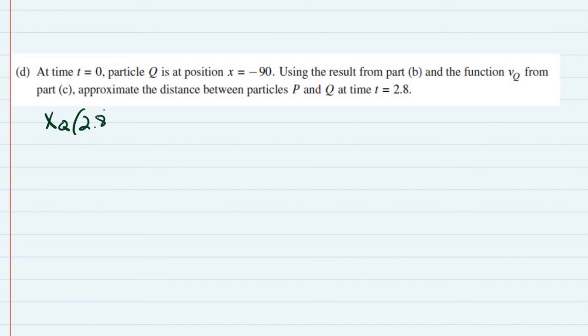So in other words, the position at time equals 2.8 hours would be whatever its initial value was at t equals 0 plus the integral from 0 to 2.8 of v sub q of t dt. So now notice I don't have an absolute value on this because I actually need to find the position, which means I have to consider displacement, not distance.